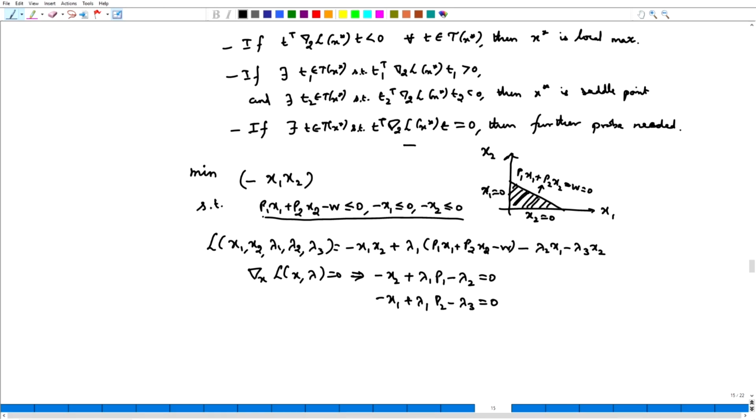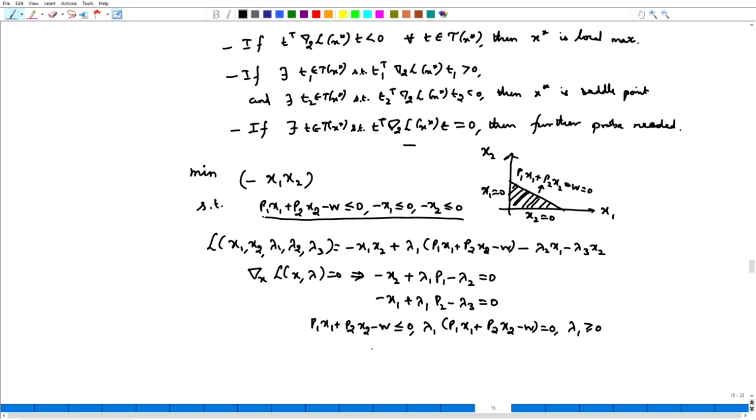The other set of conditions are: p1 x1 plus p2 x2 minus w less than or equal to 0, lambda 1 into p1 x1 plus p2 x2 minus w equal to 0, and lambda 1 greater than or equal to 0. Okay.